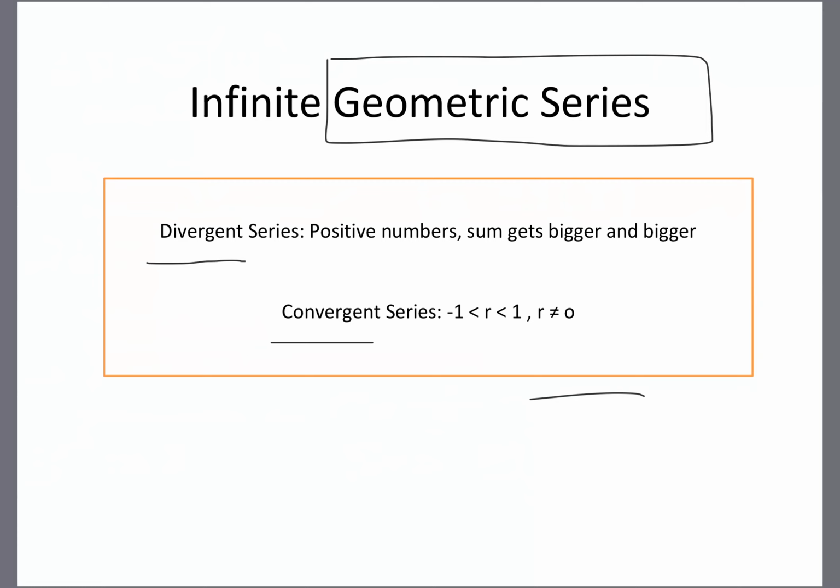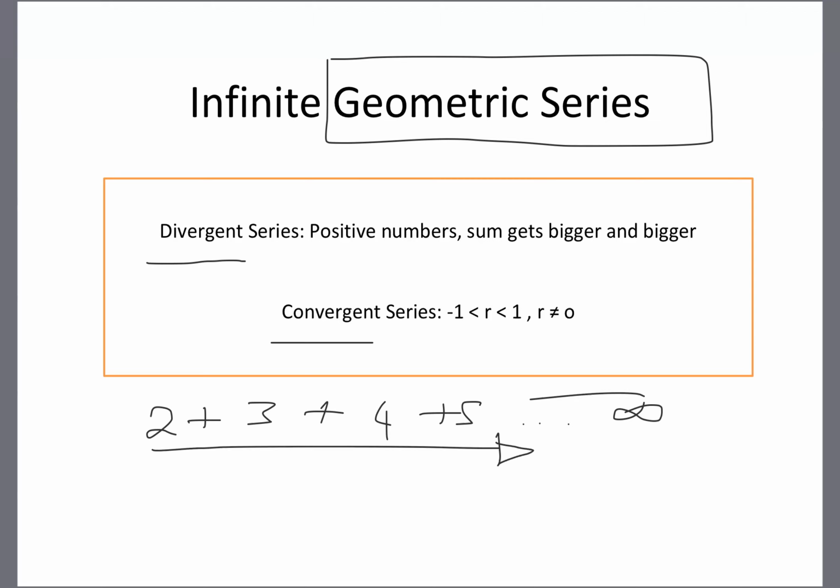Yes. So when it's a divergent series, it just carries on. So if I have 2 plus 3 plus 4 plus 5 to infinity, do you agree with me if I tell you that the answer here is always going to increase and it's always going to be positive because it's increasing, right? Yes, ma'am.